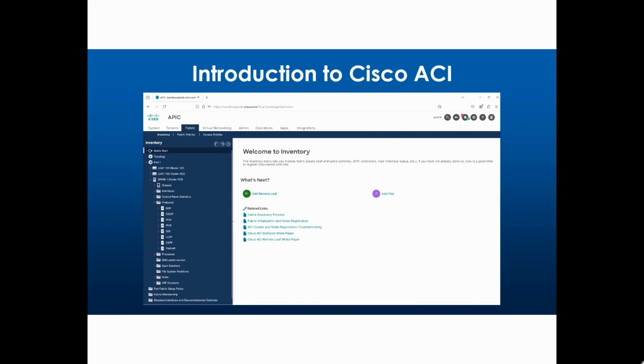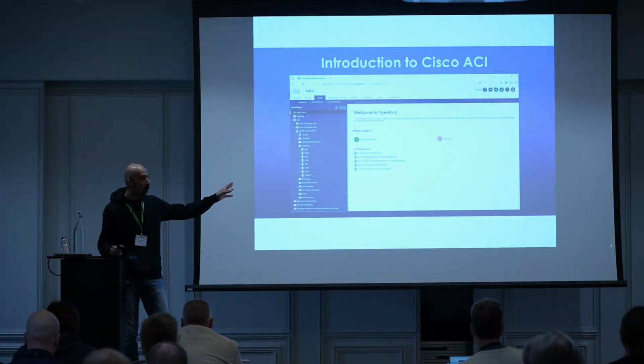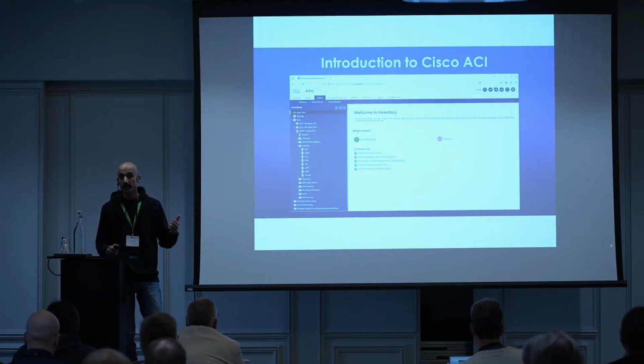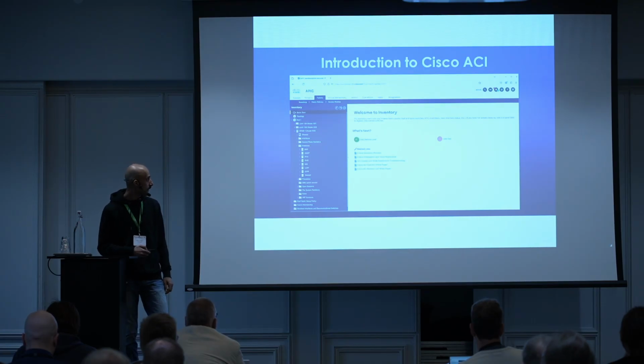is one of the SDN solutions out there, software-defined networking. And software-defined networking, as we may know, is the approach to manage our data centers. And as you will see here, we have many objects there, and the APIC is the brain for ACI, as I told you.